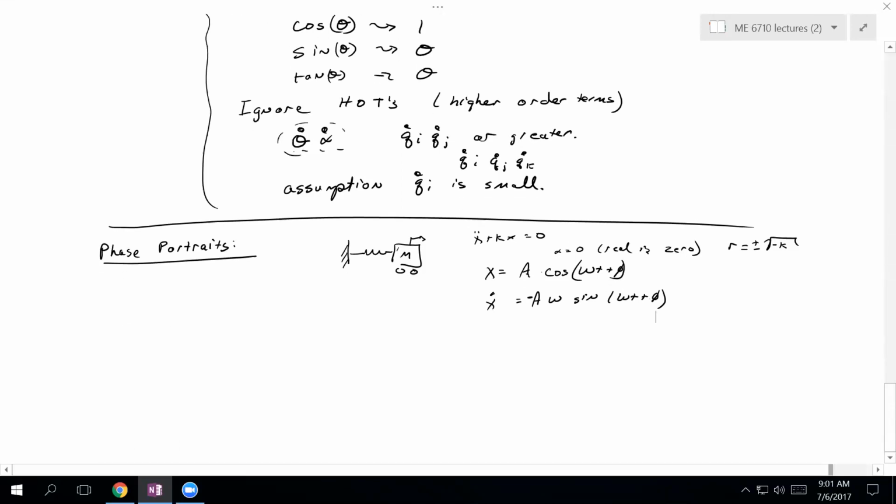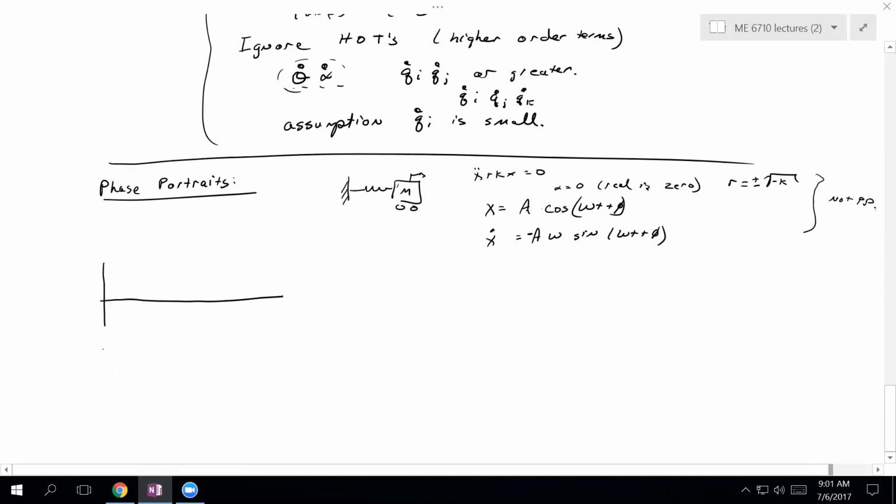So I've got the solution, and this is not phase portraits, right? This is what we just did, not phase portraits. And if I plot, I can see that I have some phase shift, some phi, so let's assume this is my phi here.